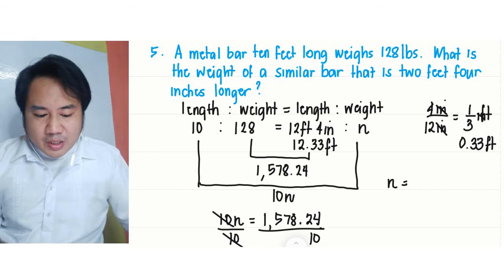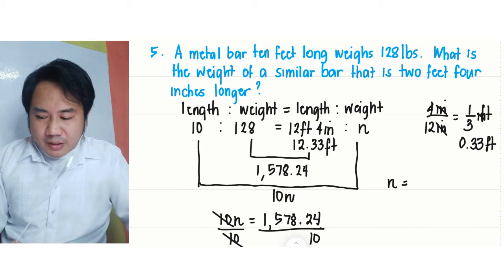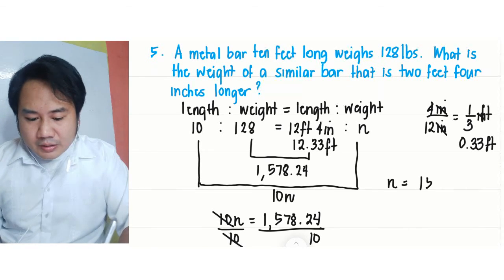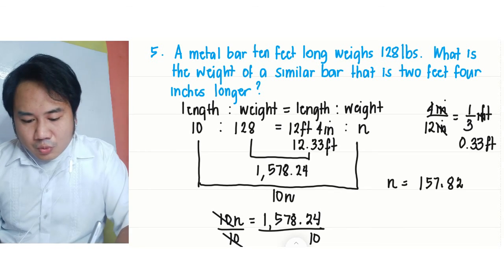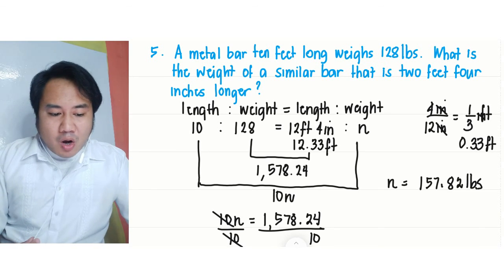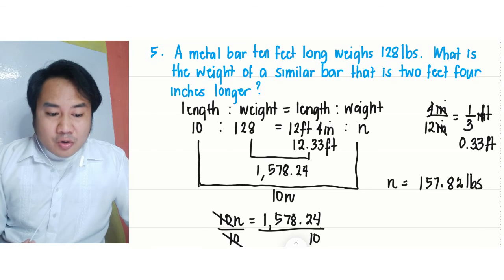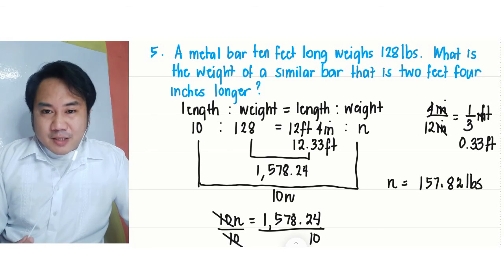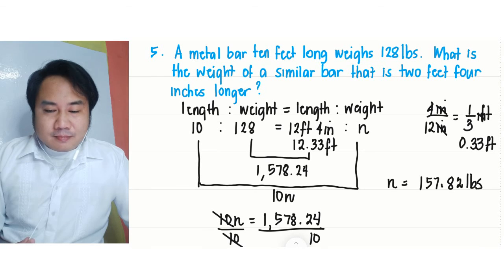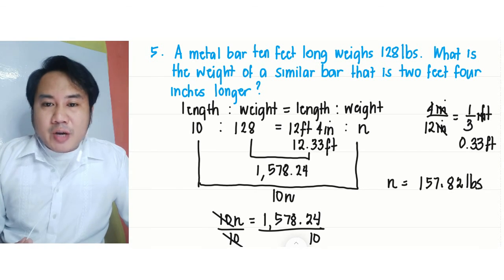So leaving us with 1,578.24 divided by 10 is 157.82 pounds. This is the weight of the bar, which is 2 feet 4 inches longer than 10 feet. And that's how we solve this problem involving direct proportion.